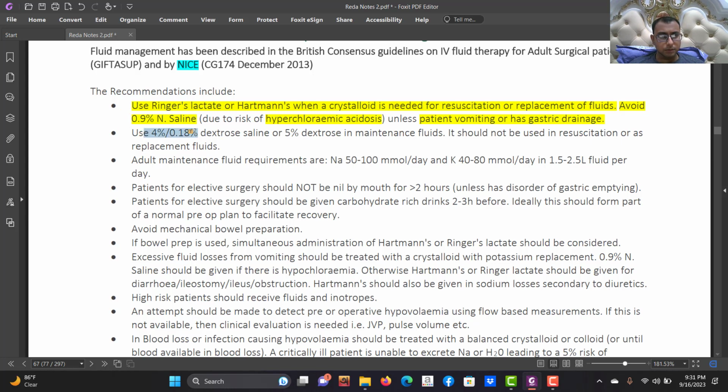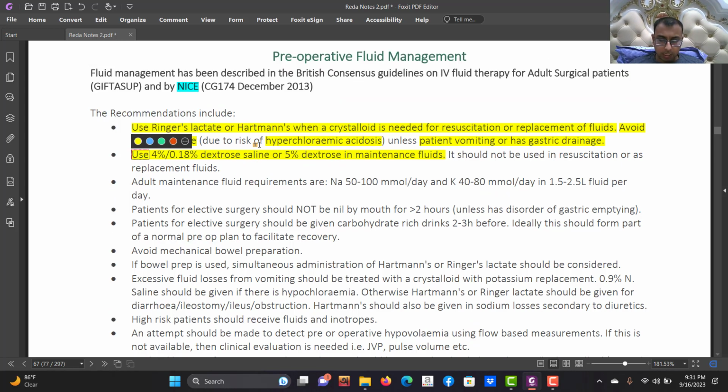Use 4% dextrose with 0.18% saline or 5% dextrose as maintenance fluid. Yes, 5% dextrose or 0.18% dextrose saline is very good for maintenance fluid, because it contains only glucose and water. So when a patient is NPO, it will provide glucose support, and the body's own glycogen will give additional energy from the liver, while the instant glucose support is maintained by the dextrose.